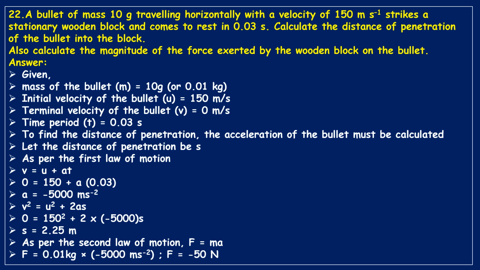And finally you will get minus 50 newtons. 1 newton is equal to 1 kg times meter per second square. So minus 50 newtons of force is exerted on the bullet by the wooden block in the opposite direction. Clear?